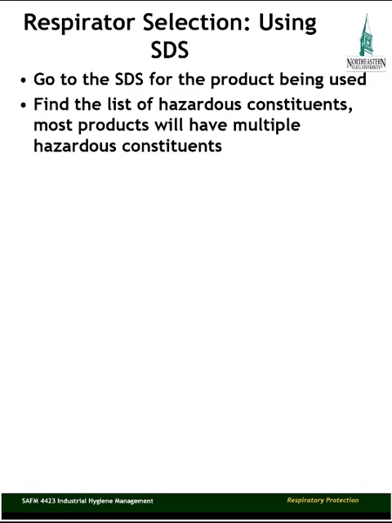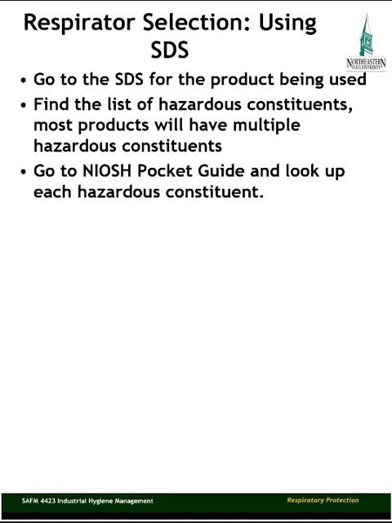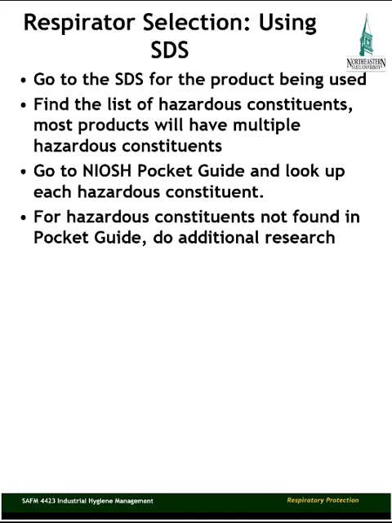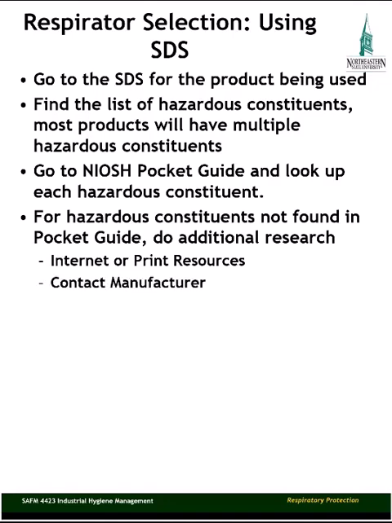And most products, or many products, may have multiple hazardous constituents. Write down those hazardous constituents, go back to the NIOSH pocket guide, and look up each hazardous constituent. For hazardous constituents not found in the pocket guide, which is going to happen, do additional research. Go on the internet, look at some print resources, contact the manufacturer.